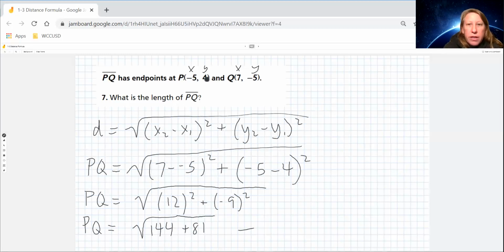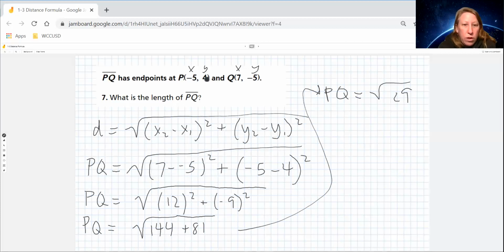Put that together and you get 225. All right, that happens to be a perfect square. The square root of 225 is 15. So those points are exactly 15 apart from each other. It's kind of cool.